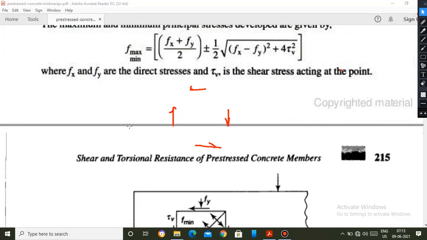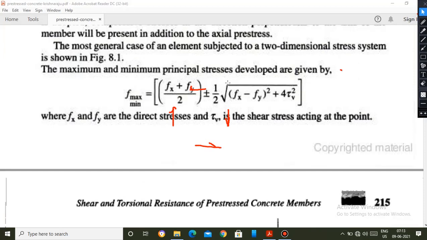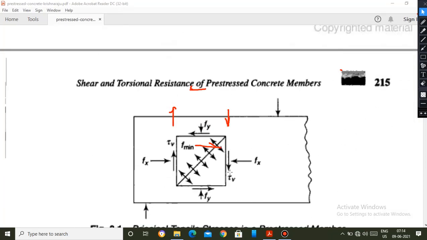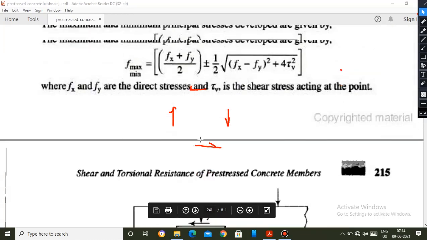And observe here, the maximum and minimum principal stresses developed are given by the following equation. This basic equation you get from strength of materials or solid mechanics. You will get this formula for the maximum and minimum principal stresses generated in a two-dimensional plane system, where sigma x and sigma y, that means Fx and Fy, are the forces acting normal to the direction, and tau v is the shearing stress acting on both planes in the perpendicular direction.